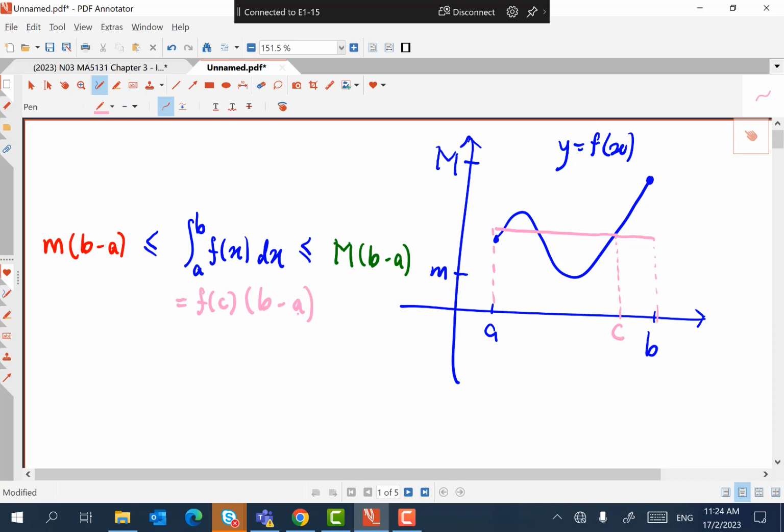Possible or not? Do you buy in? This is what the theorem says. Given that the function is continuous on a closed interval, I can always find a pink rectangle. I can find a value c such that the pink rectangle shares the same area as the area under the graph. That theorem assures you the existence of c.